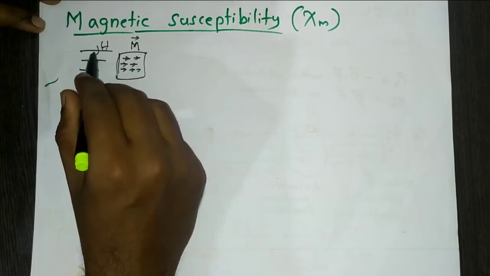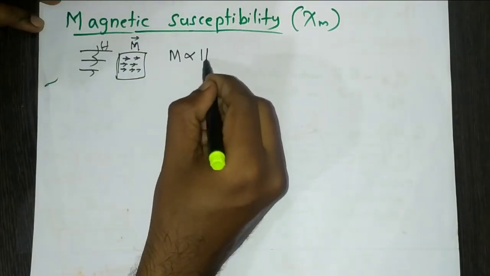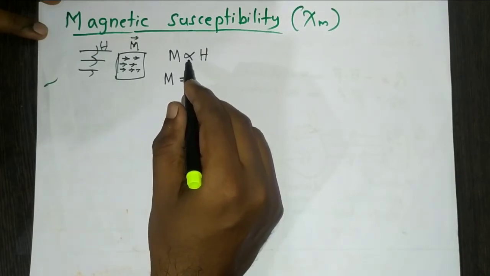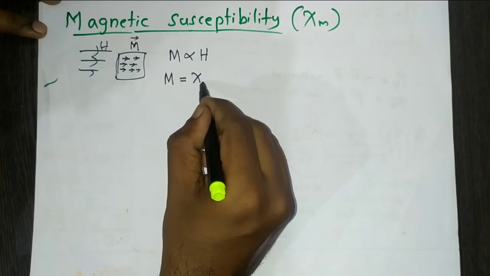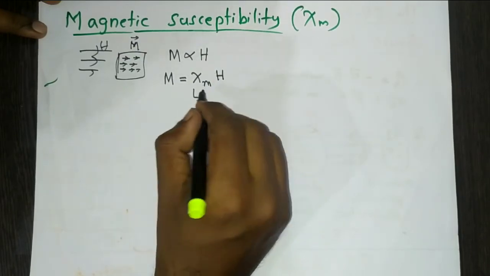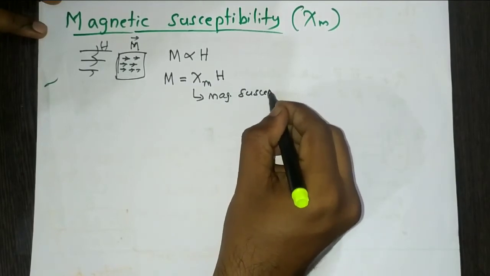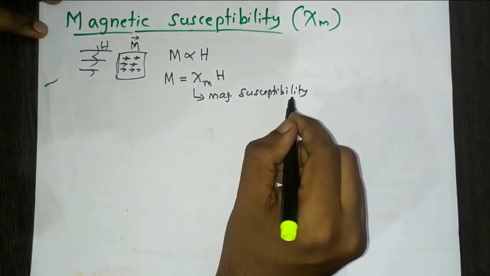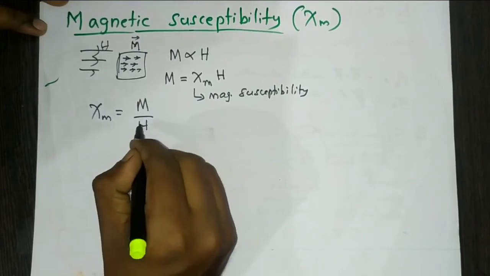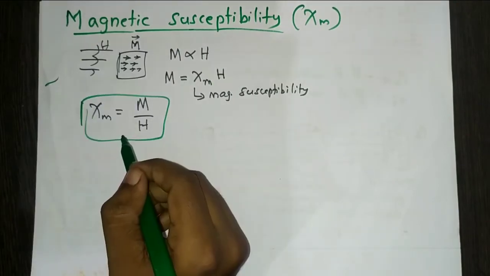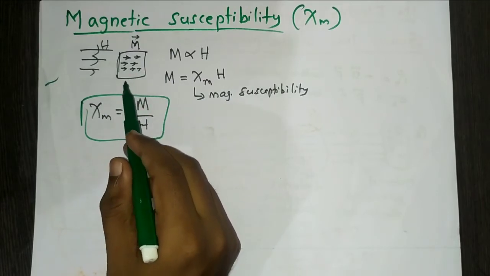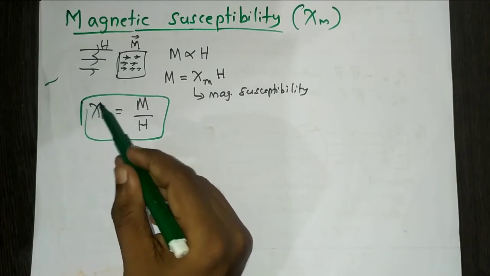The magnetization is proportional to H. If I replace the proportionality by an equal sign and introduce a constant, M is equal to chi m into H. This chi m is the magnetic susceptibility, which means chi m is equal to M by H. It tells how susceptible this magnetic material is to the applied magnetic field. The susceptibility will be different for different materials.